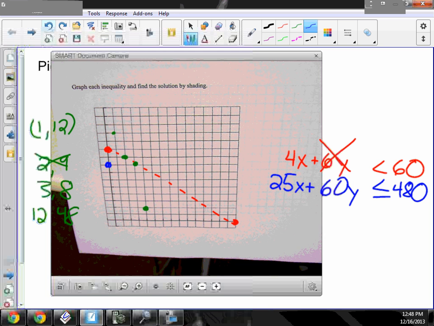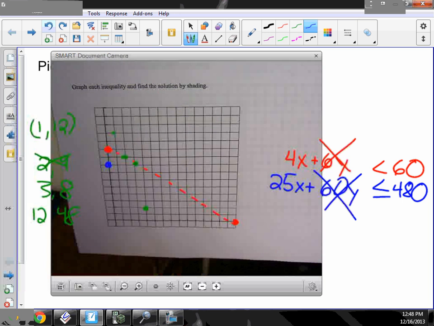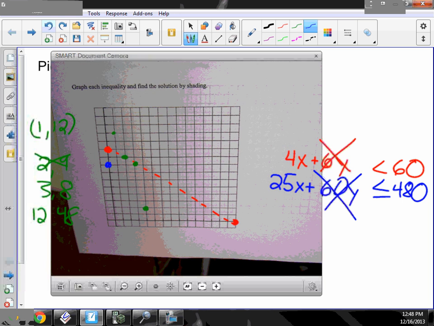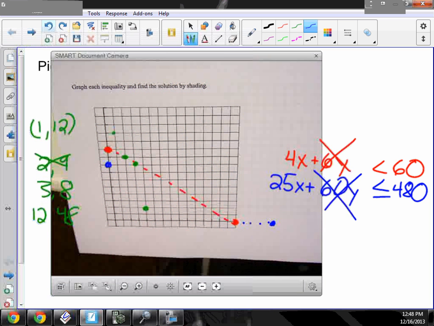And if I cross out the y, 480 divided by 25 is like 19.2. So 15, 16, 17, 18, 19.2. Solid or dotted line? Solid line. Okay. And which direction am I going to shade that one? Down. So I need to be below the red line and below the blue line.